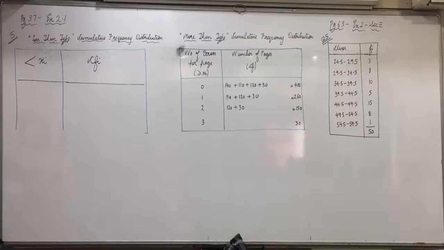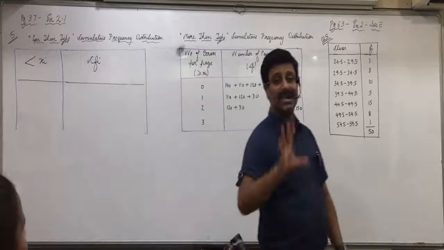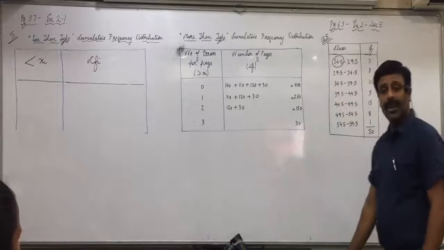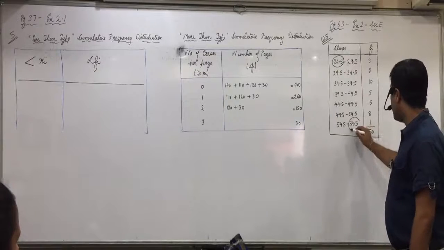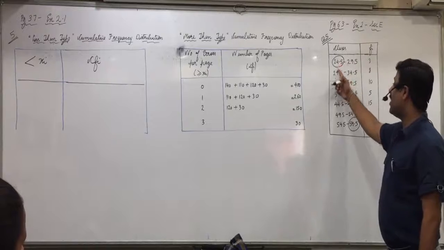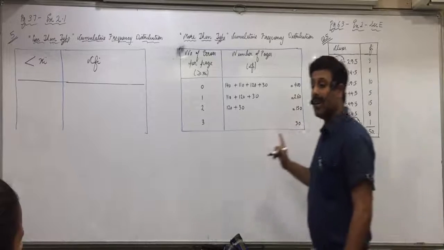Who all are still writing it? Raise your hand. Shall I continue? So we will start from the lower boundary point of first class and end at upper boundary point of last class. Means you'll write 24.5, 29.5, 34.5, 39.5 up till 59.5.